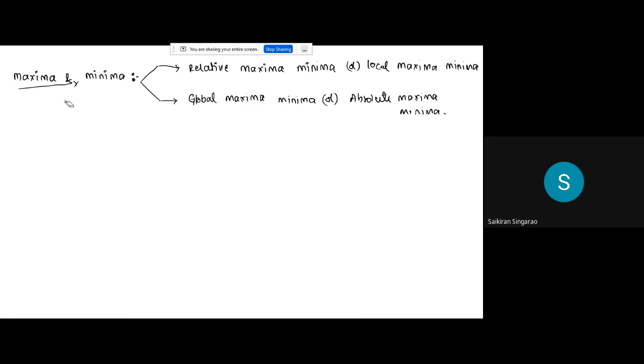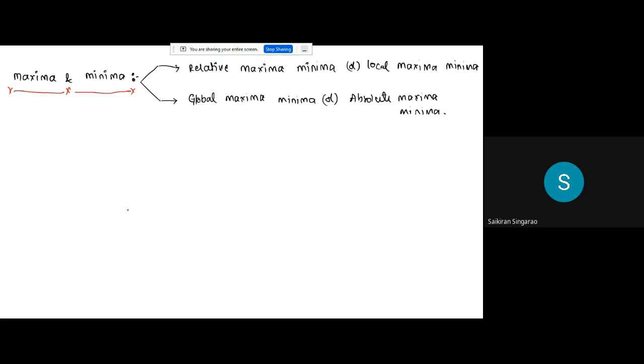It could be relative, also called local, or it is called absolute or global, right? I will just draw one picture, and from that you will understand what these things are. It is a very simple difference.